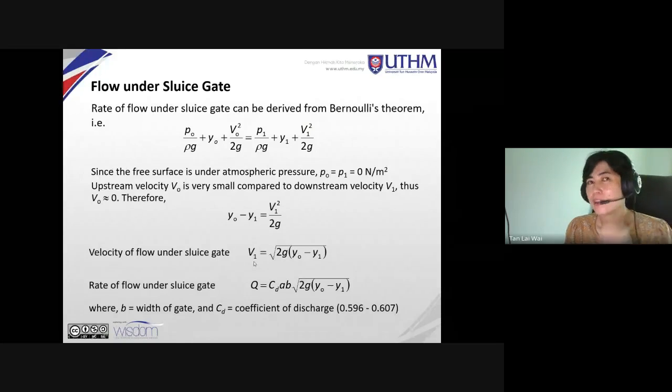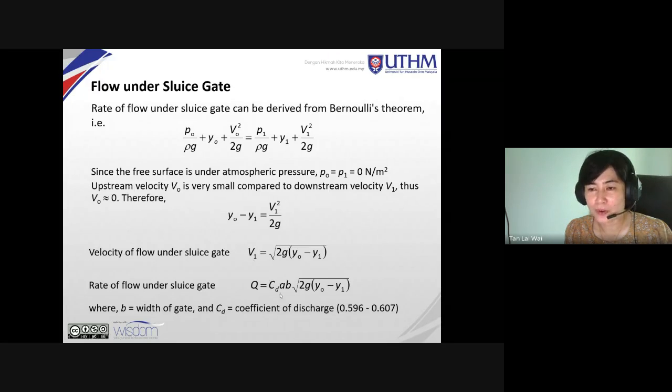Now, discharge is the flow area times velocity. Our flow area is A times B. A is the height of the opening. B is the width of the channel. So you have A times B times velocity.